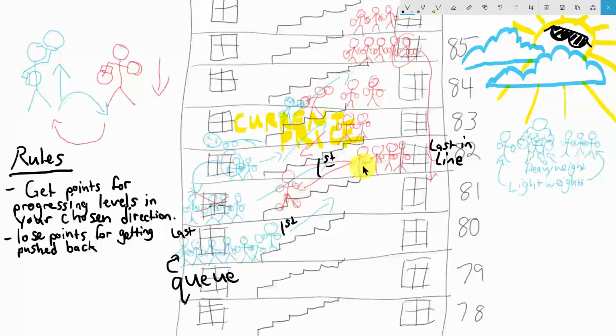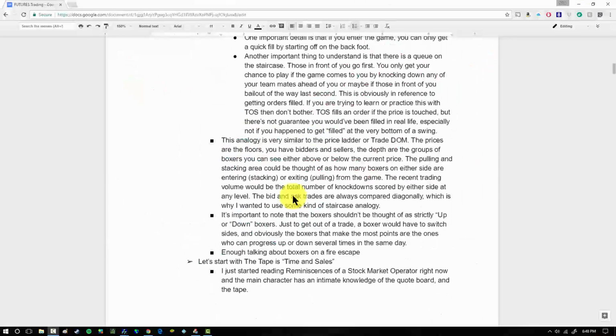If the price touches this area, you instantly get filled, regardless of when you put in your order. There could be 800 people ahead of you, and it'll just fill your order, and then it'll turn right back around. But in reality, you never would have been filled. So it's very unrealistic, I should say. It definitely makes it easier if you could just simply go short as soon as price was there, but you can only go long on the downtick and short on the uptick. That's just how it works.